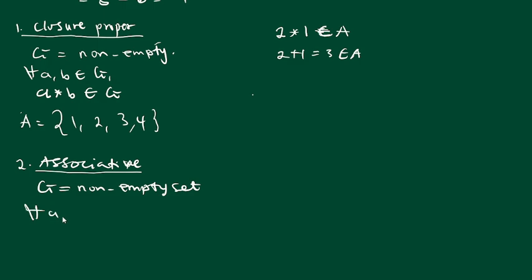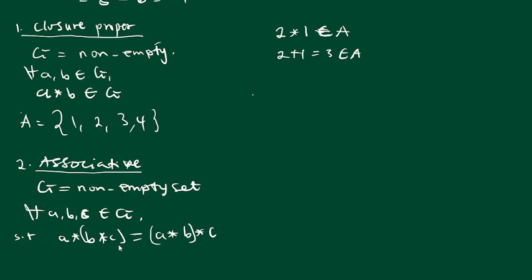For all a, b, c members of G, such that a star b, star c is the same as a star, b star c.